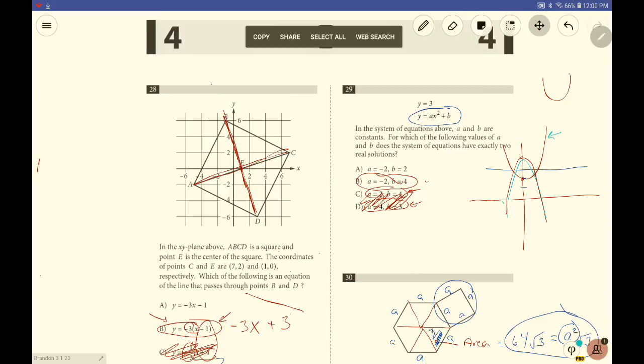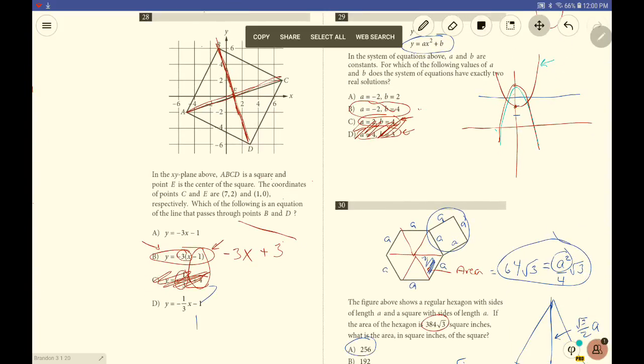Now they want to know the equation of the line that passes through B and D, so draw it, and you see that it crosses the y-axis somewhere between 2 and 4, so that could be either B or C. The only difference between B and C is the slope. So is that line between B and D a slope of -1 or -1/3?